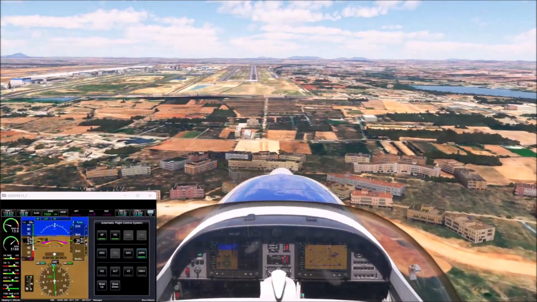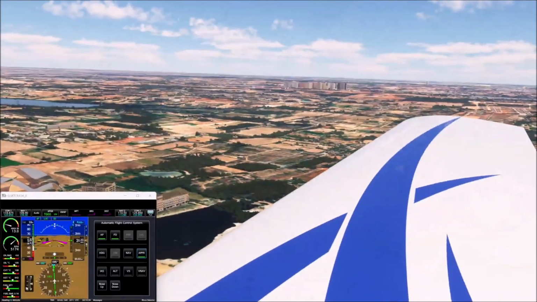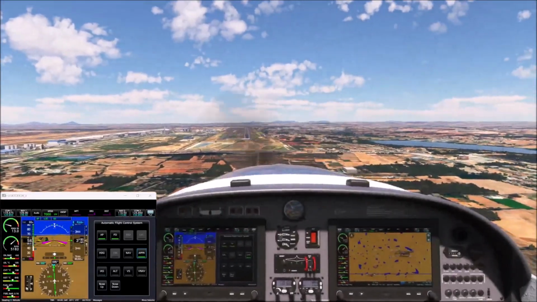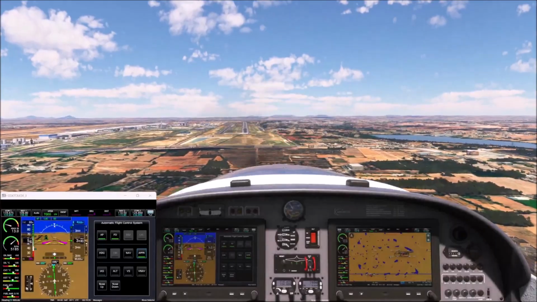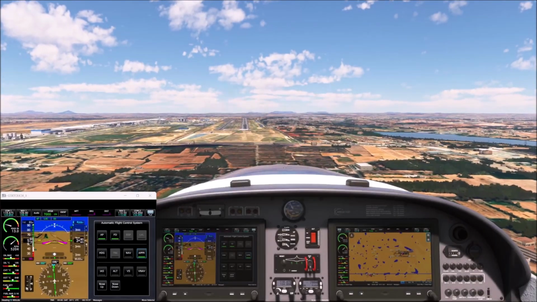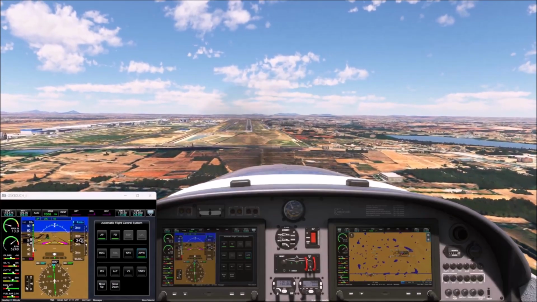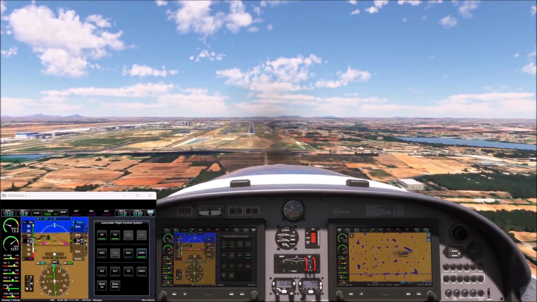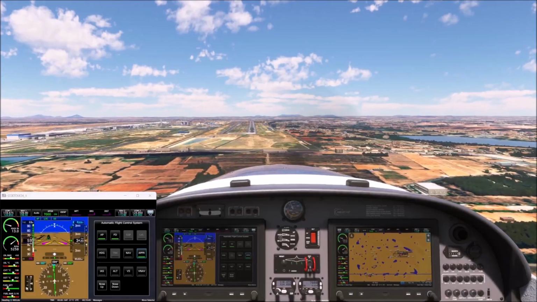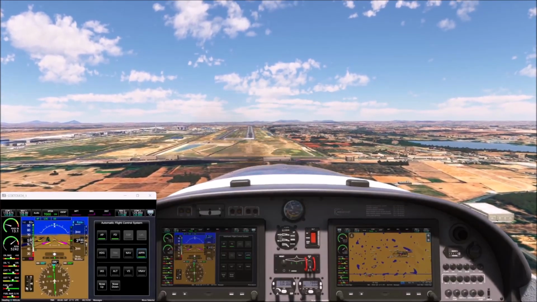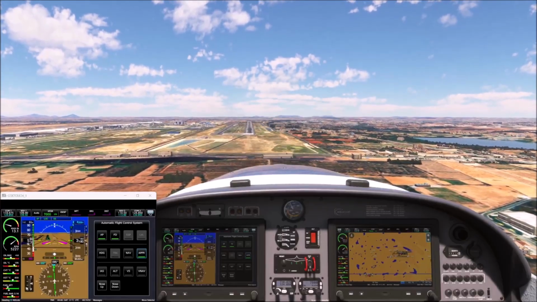This camera I like very much. If you encounter any problem at this very moment, of course you will disengage the autopilot, but I don't have to because we are perfectly lined up.